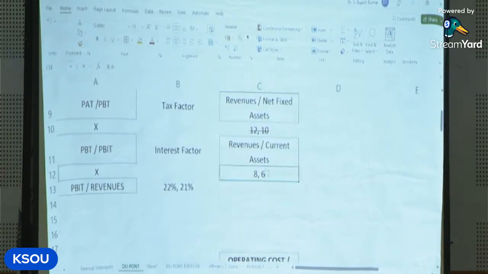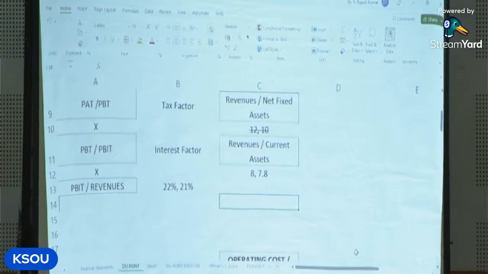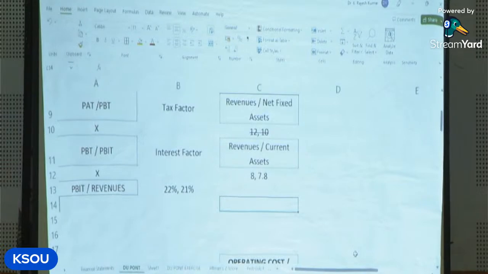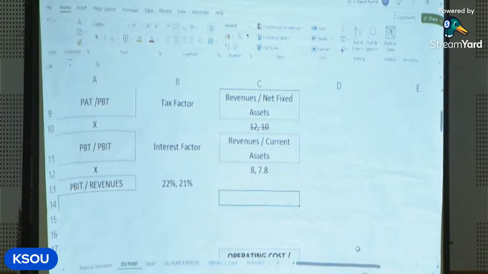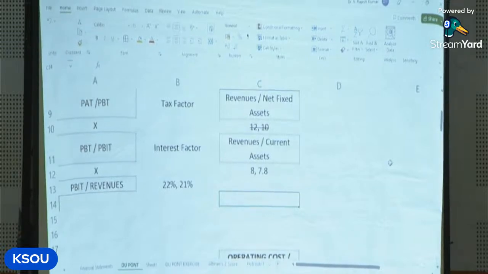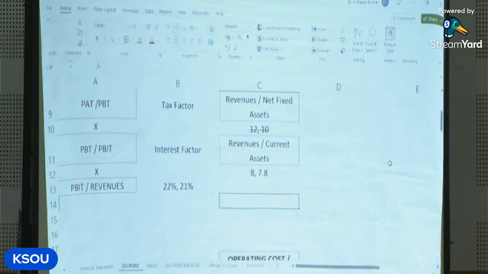Now, let it be even 7.8. We feel it's very close, but it is very serious. There is some problem with managing current assets. If you don't identify it now, this itself can become a big issue and anything can happen to the business. So efficiency is another factor. First we calculate total asset turnover and decompose it. Fixed asset turnover, ignore. Current asset turnover, very serious concern.